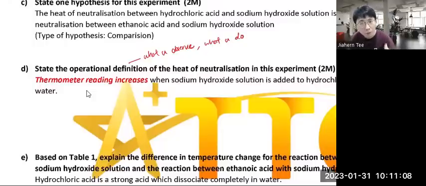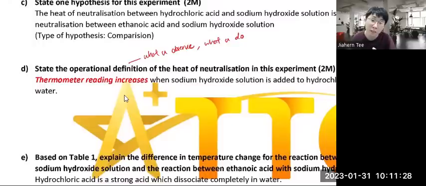What's the meaning of what you observe and what you do? What you observe is your result. So when you add your acid and alkaline, your thermometer reading should increase. That's your observation. That's what you see. The thermometer reading rises.